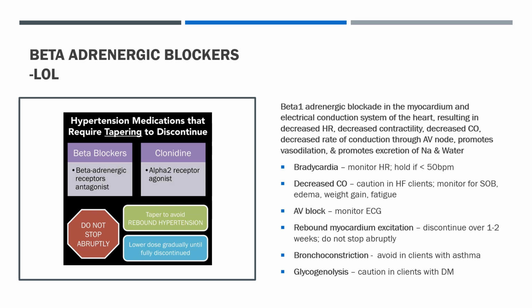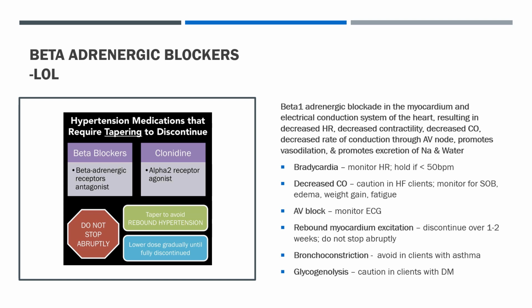You can have rebound myocardium excitation, meaning an excess of excitation, meaning an increase in triggering, therefore an increase in arrhythmias, because it can be tachycardia if it's triggering a sinus rhythm more frequently, but if it's not triggering a normal rhythm, it can be an arrhythmia, if it's not tapered over time.